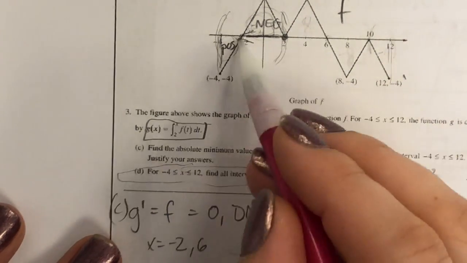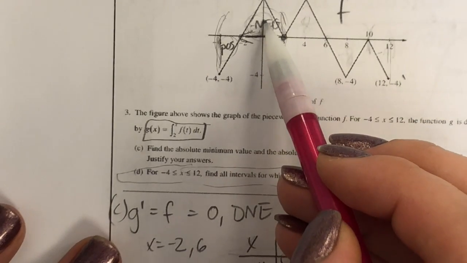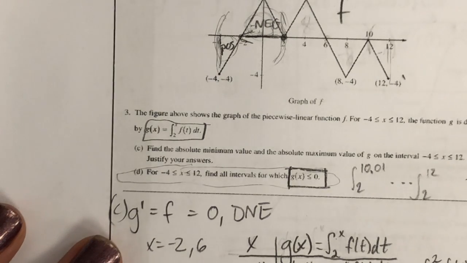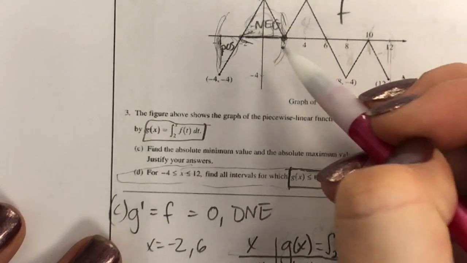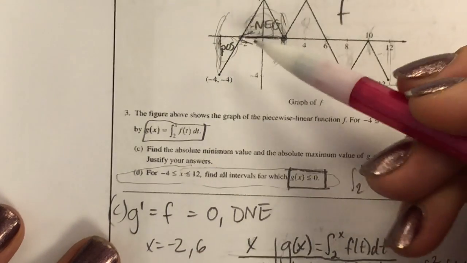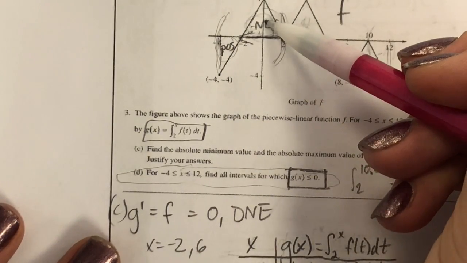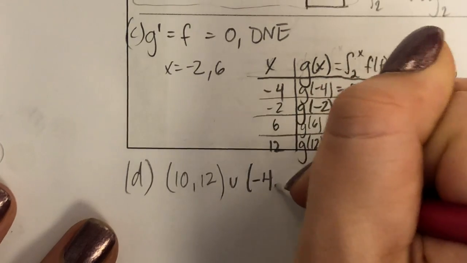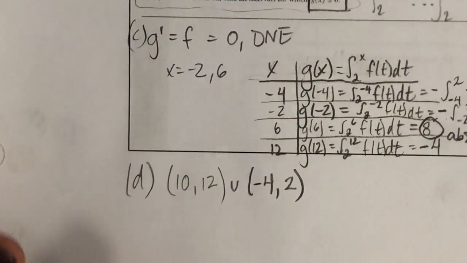When you're going backwards, above the x-axis is negative and below the x-axis is positive. Again, in summary, when you're reading from right to left, everything is switched. So I also have from -4 until 2. That's my answer.